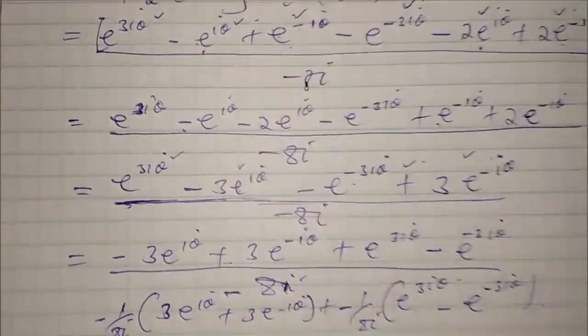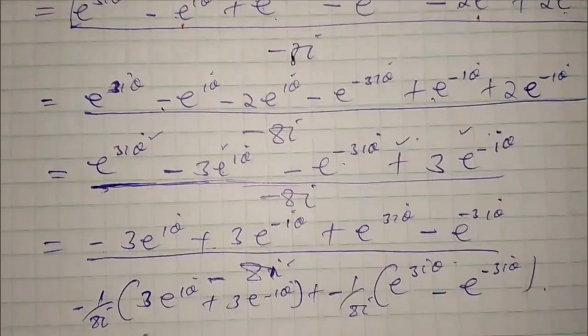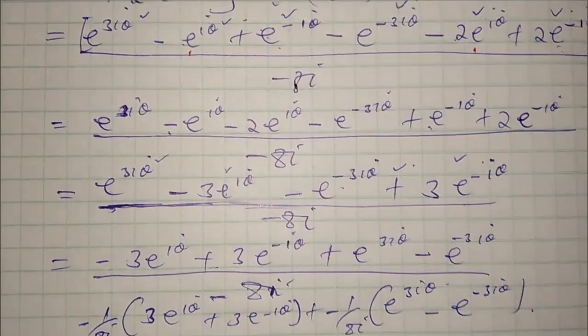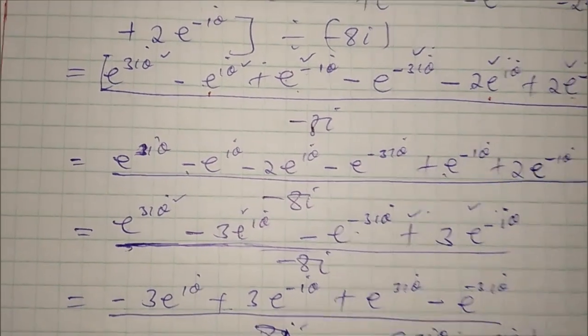Okay, this can be written as 3 over 4. Remember here you have a negative.